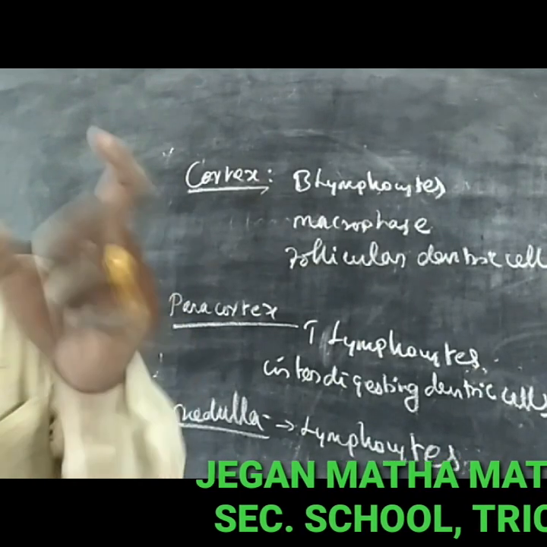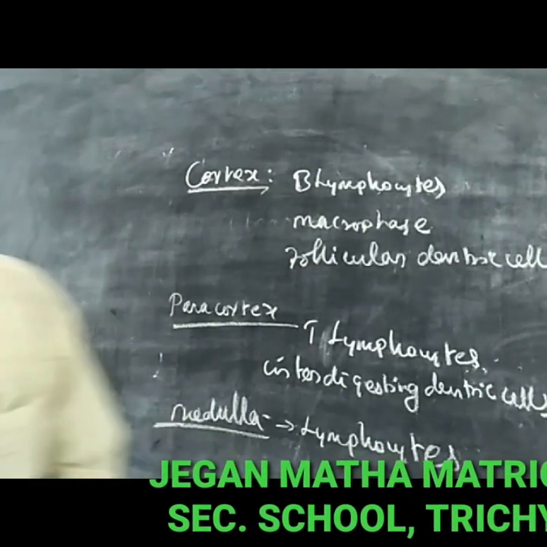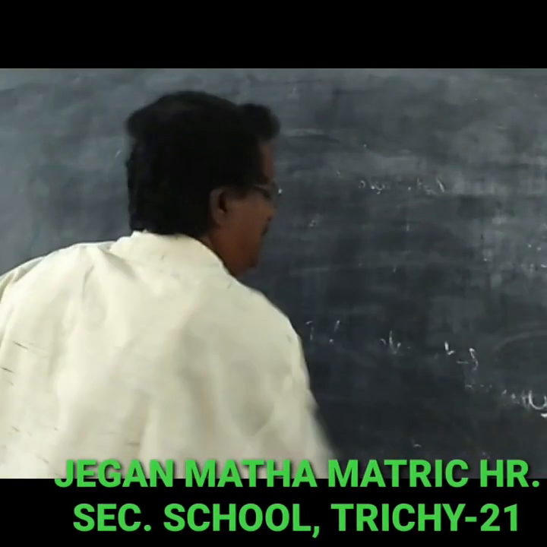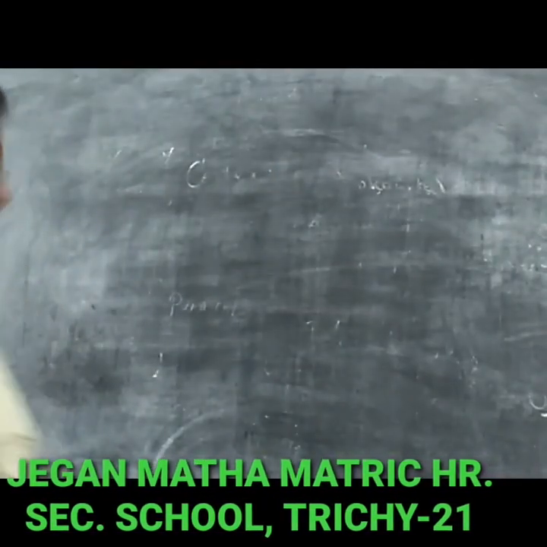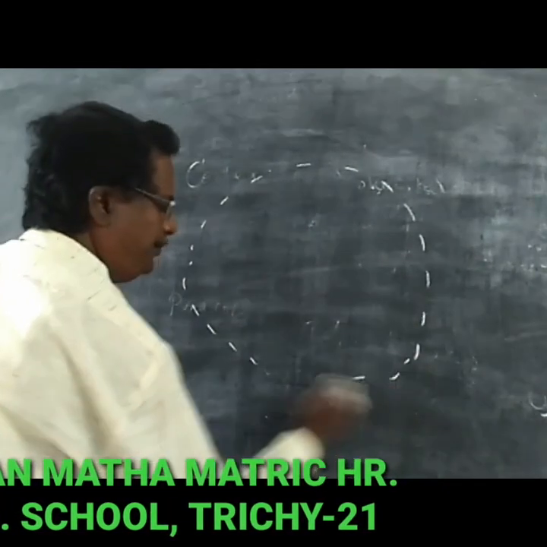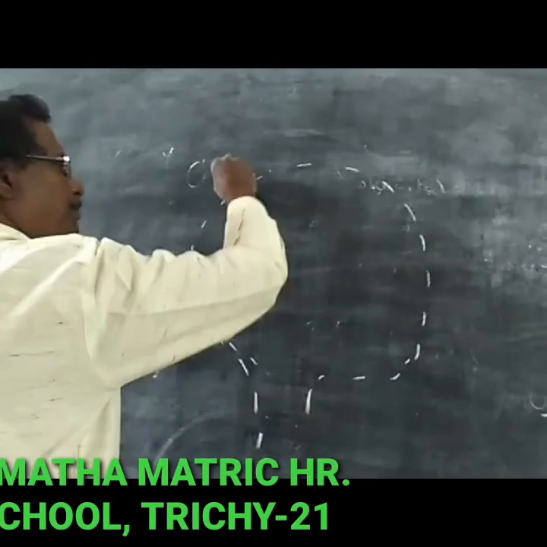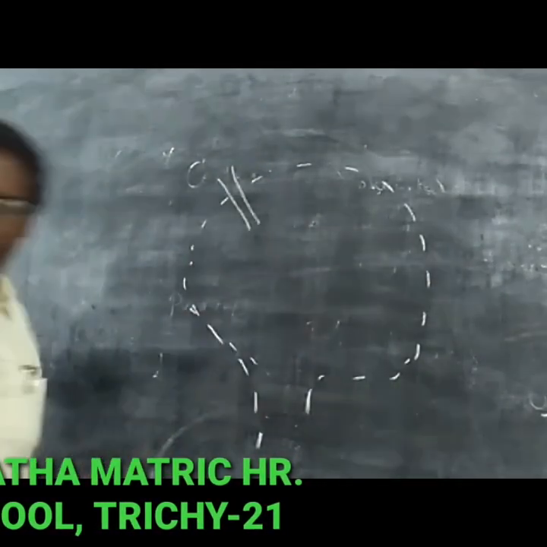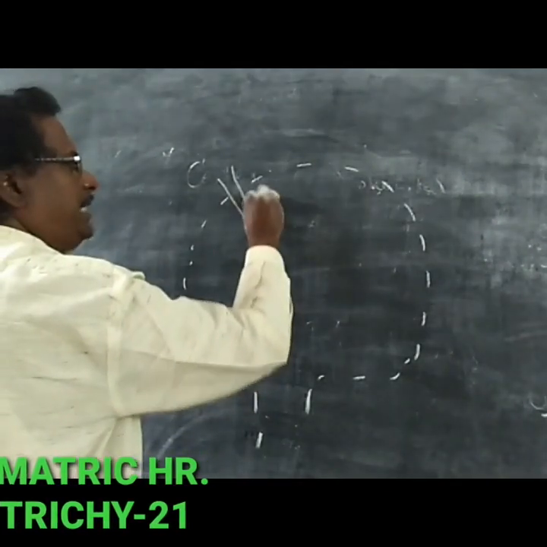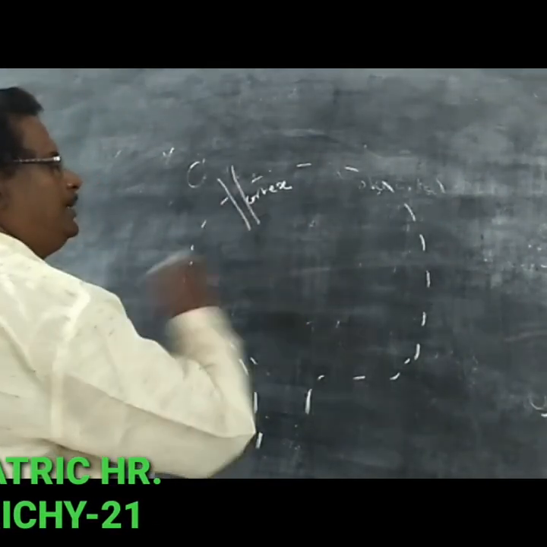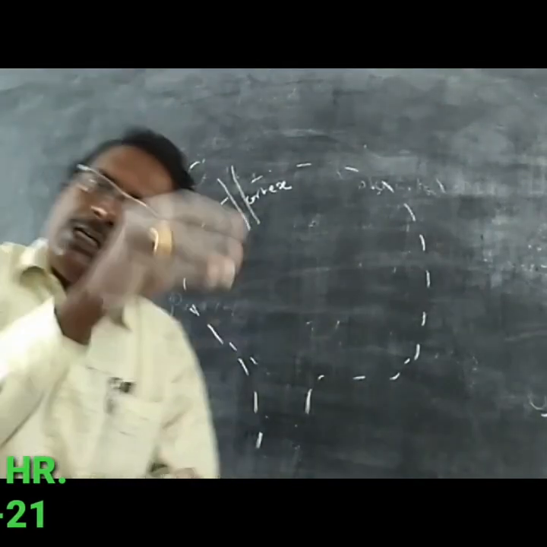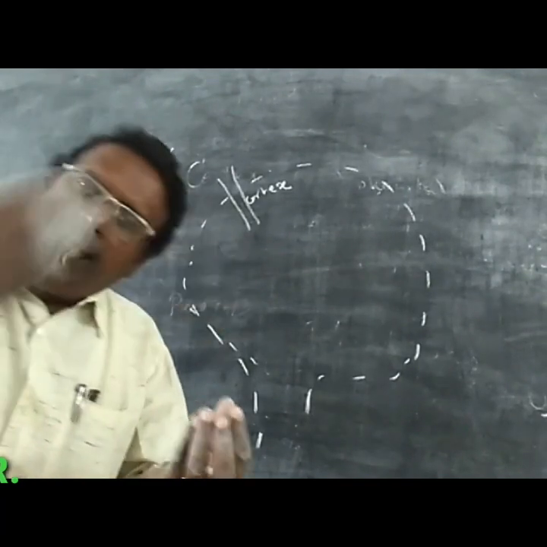As the lymph enters through the lymphatic vessels into the cortex, the outermost layer, it infiltrates the antigen.